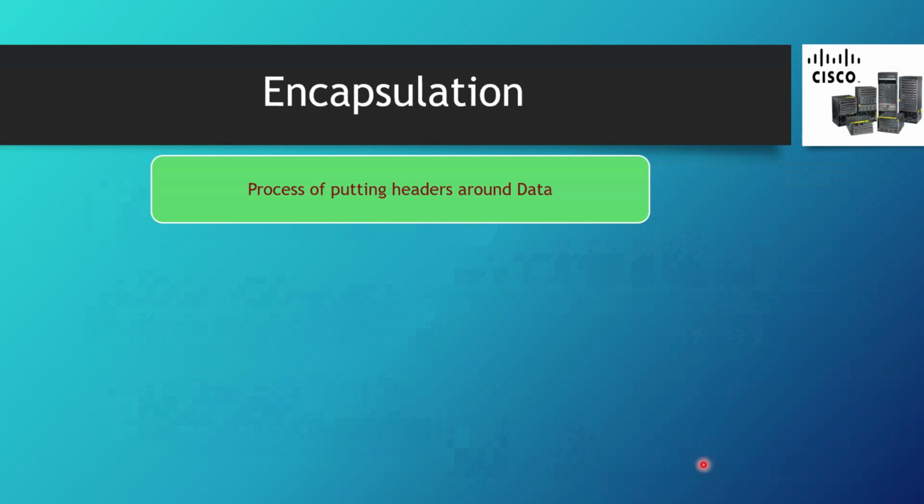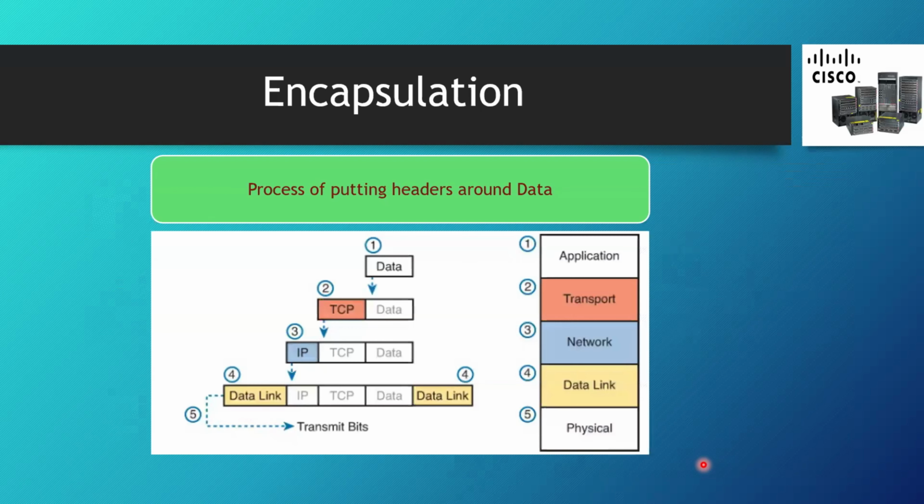Now encapsulation means the process of putting headers around our data. Data means, for example, I want to send an email to someone. So that's my data. I have some email and the email contains something. I want to send that email from my PC to someone else.